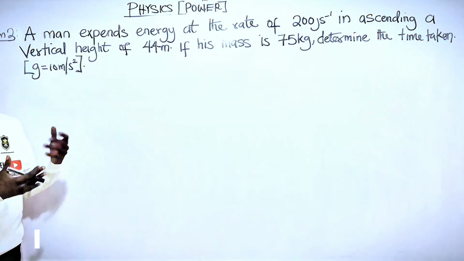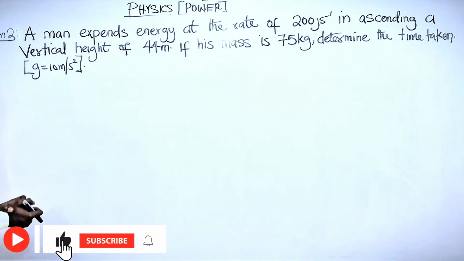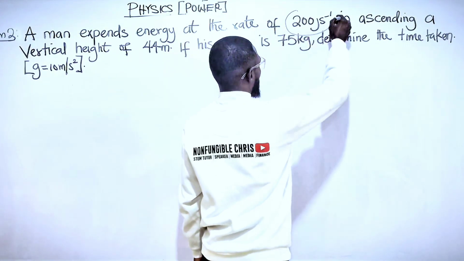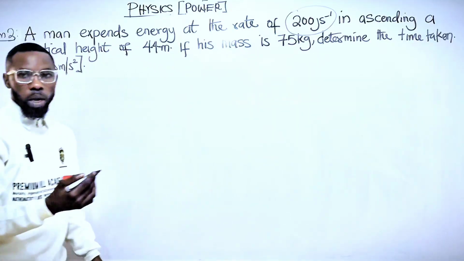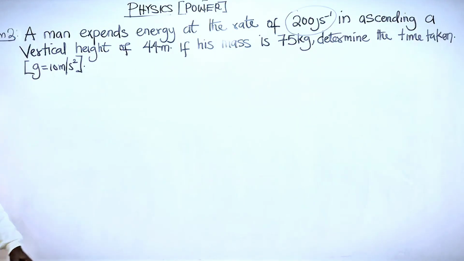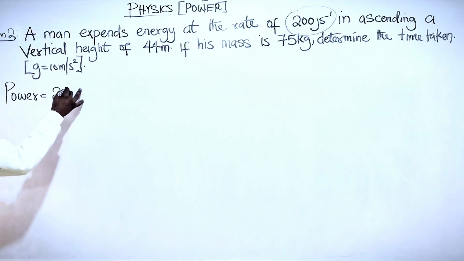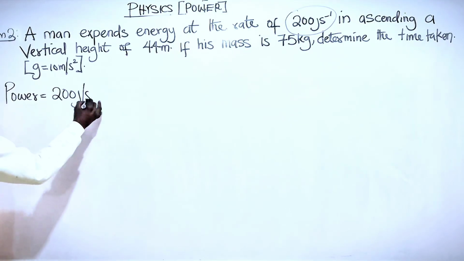Right, so let's look at question number 3 as regards power. The question says a man expends energy at the rate of 200 joules per second. So this value here is the value for power. Remember, we said power is work done over time. So power was given as 200 joules per second.